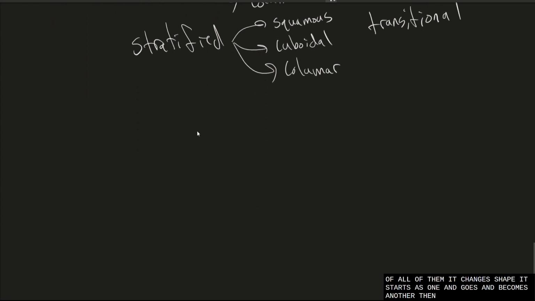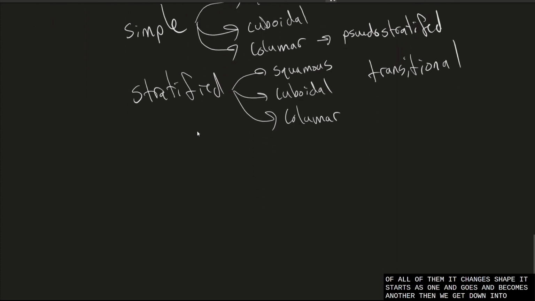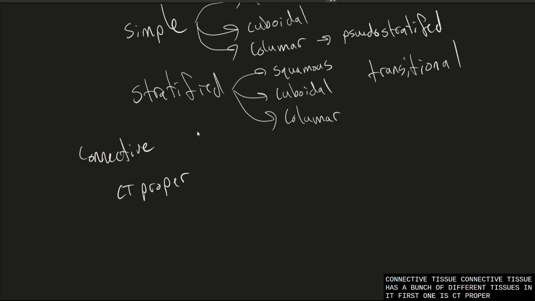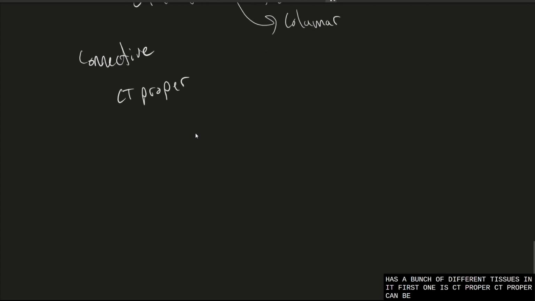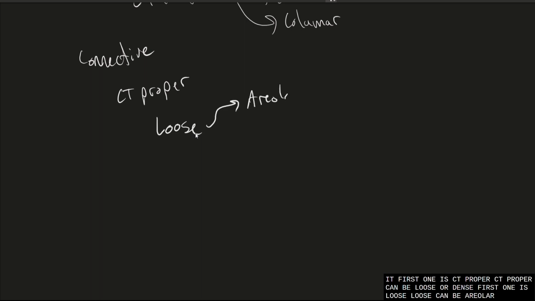Then we get down into the connective tissue. Connective tissue has a bunch of different tissues in it. First one is CT proper. CT proper can be loose or dense. First one is loose. Loose can be areolar. See if I can name all these without checking my notes.